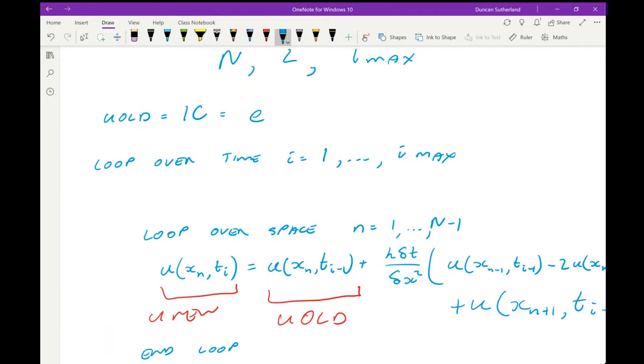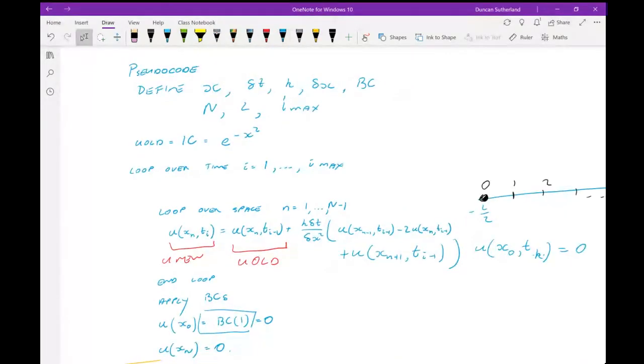Let's just say it's e to the minus x squared, like that. Right, that'll do for an initial condition for now.